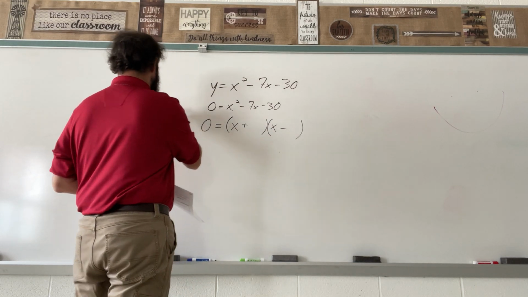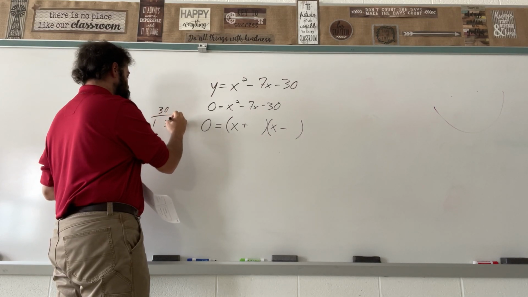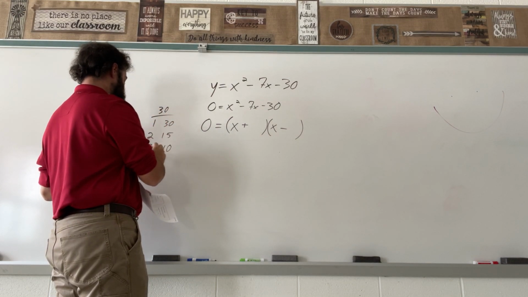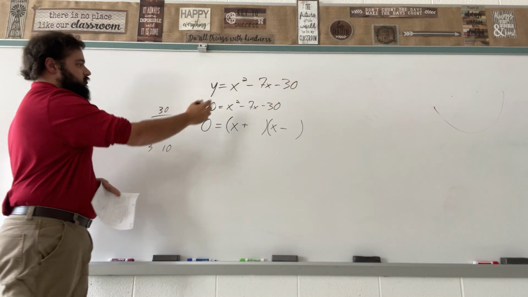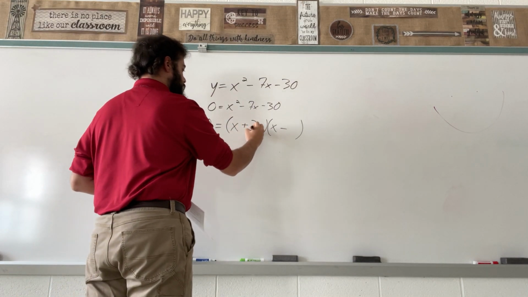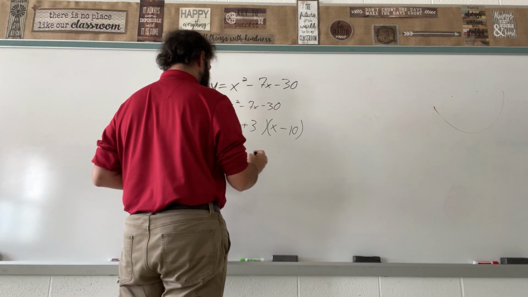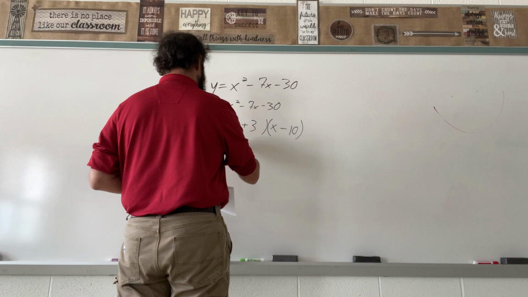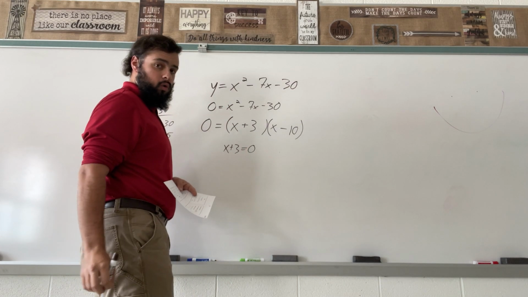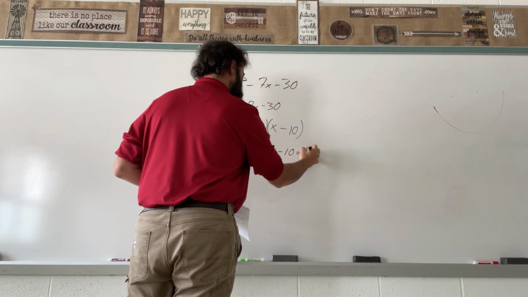So you can list out your factors of 30, which would be 1 and 30, 2 and 15, 3 and 10. Oh, there's a difference of 7 there, so that's probably it. And it's a negative 7, so it's probably a positive 3 minus 10. Yes. So then you end up with either x plus 3 equals 0, or x minus 10 equals 0.